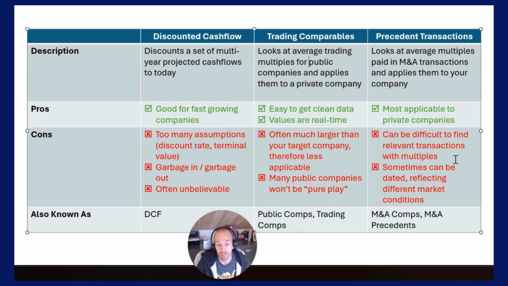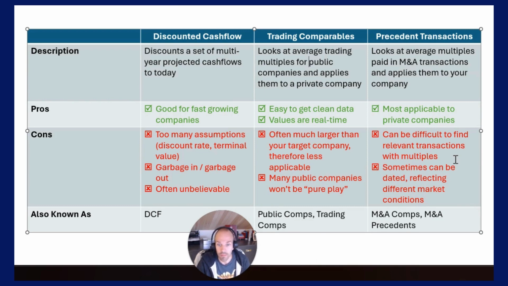And then sometimes it can be dated. You might find a few relevant transactions with multiples disclosed, which is great, but they might be 4 or 5 years old. For example, you might pull a transaction from 2021 or 2022 and try to apply it to today in 2024, and it's a very different market today.